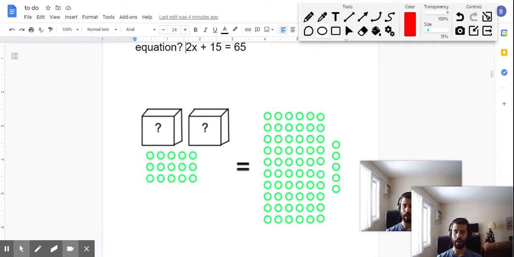And you want to get the boxes on one side alone first. Make it so it's just boxes before you start dividing. So we need to put 15 negative circles here. Again, they're really sloppy circles, I know.